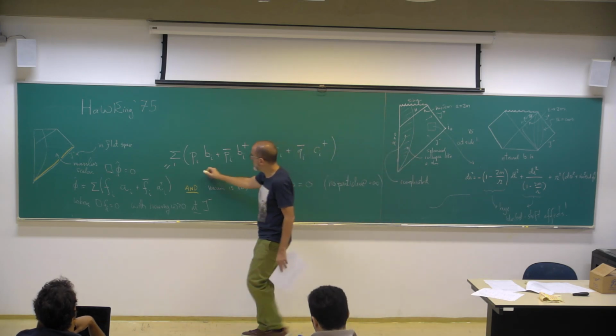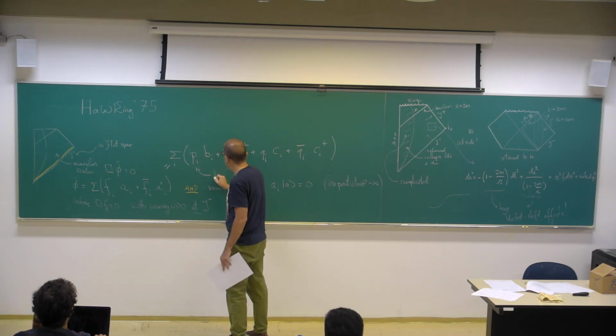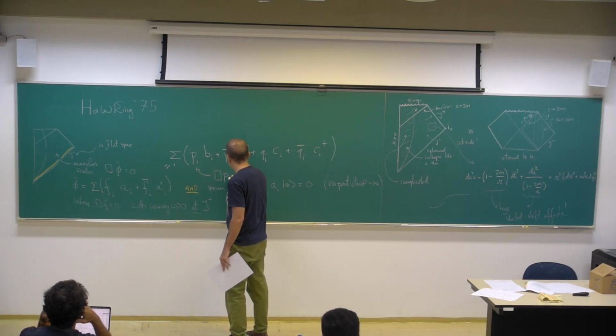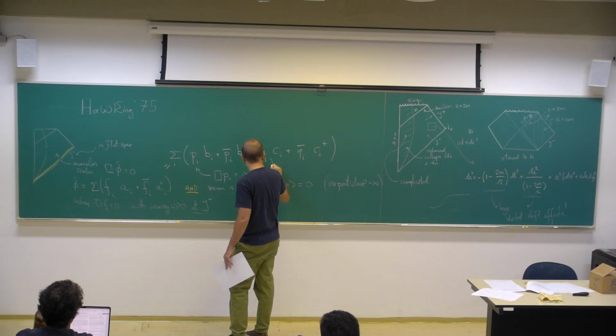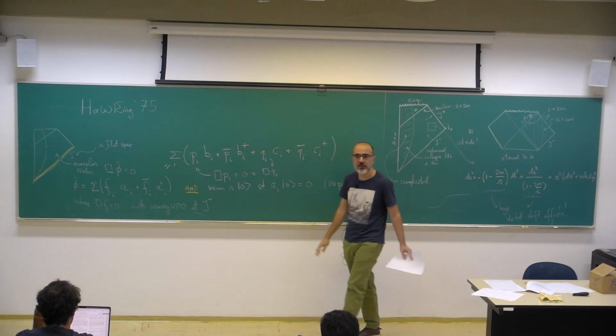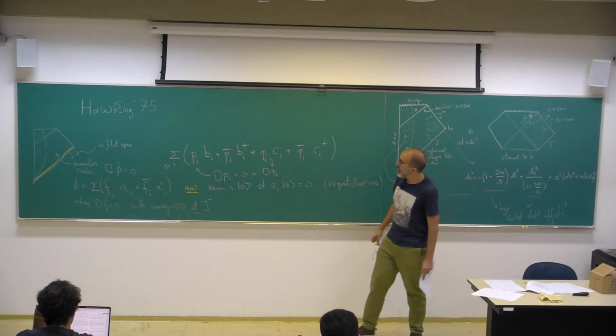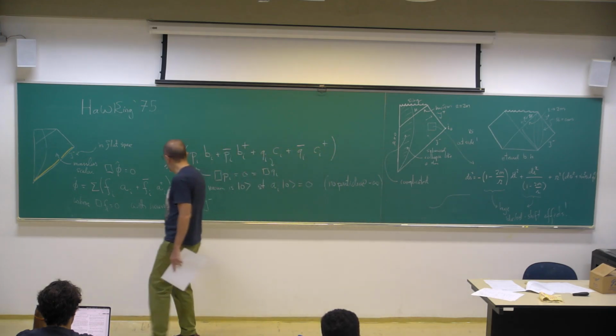So these functions here, again, they always obey box p_i equals 0 equals box q_i. So they are also bases of functions that obey the Klein-Gordon equation. But now they are defined in the following way.